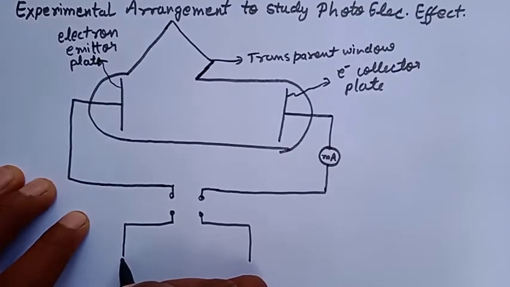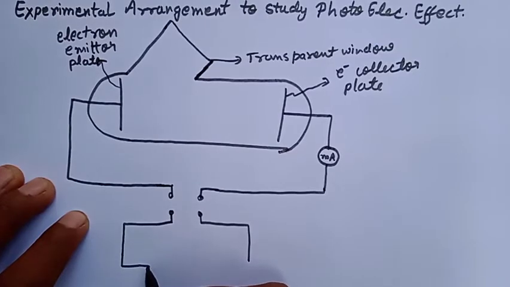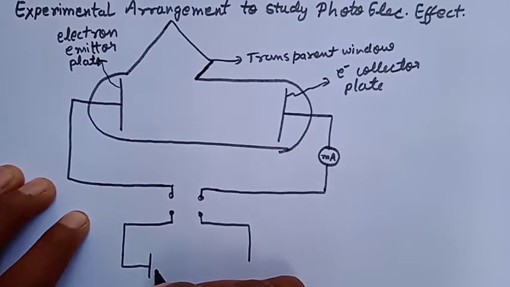That battery can be represented in two ways, one through a rheostat and one, if we could draw it, as a variable voltage source.